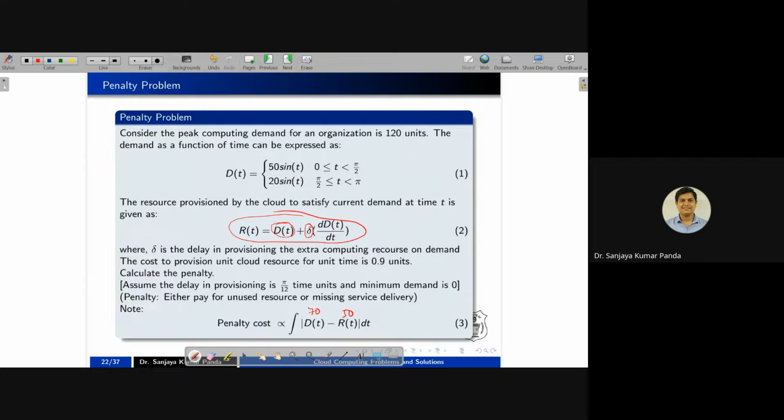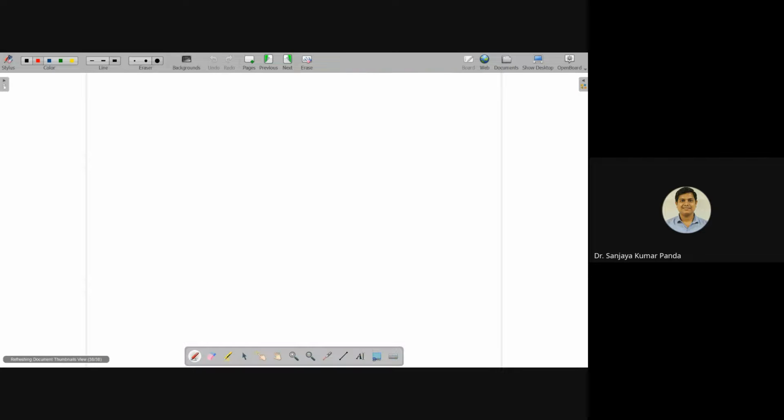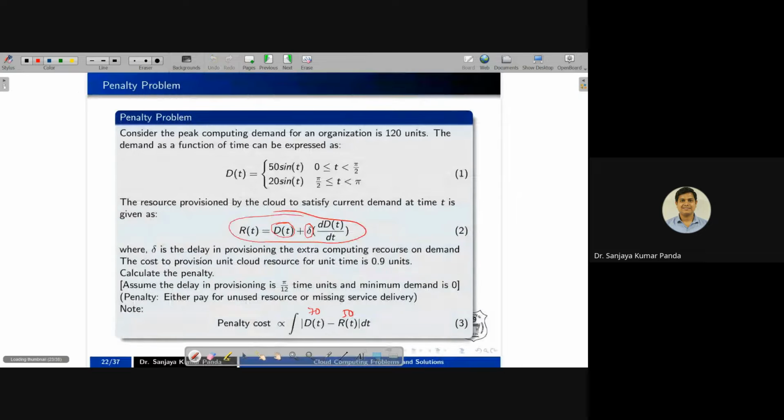So let me write here. The resource in the duration of 0 to pi, because the demand function is given in the range of 0 to pi.